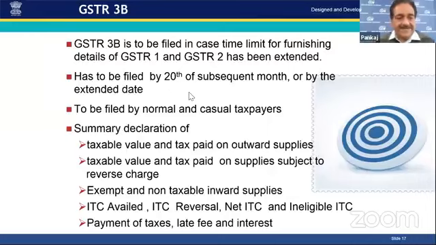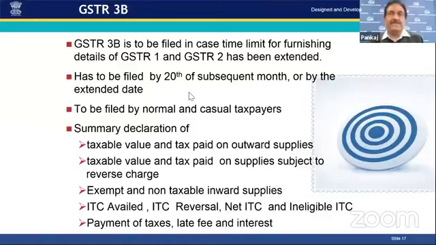While discharging tax liability, the tax is to be paid in full, and late fee and interest, if applicable, are to be paid, if the late fee is not exempted by the government. There is a recent development in late fee. I will cover it in this presentation, so please wait for that time.